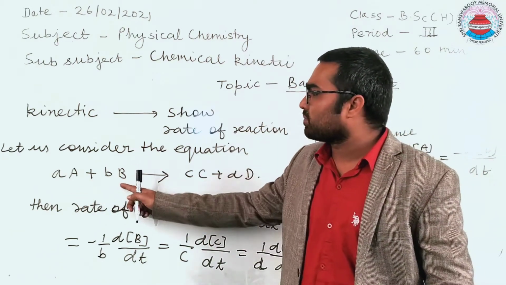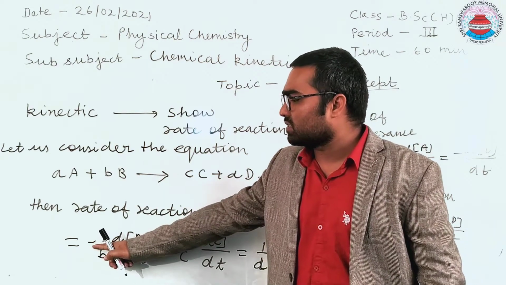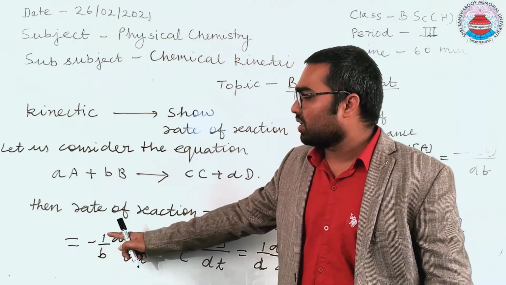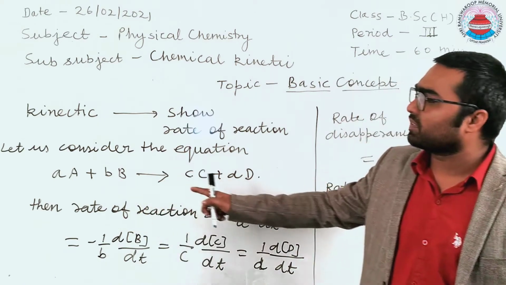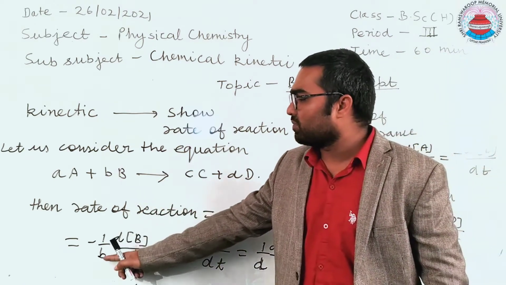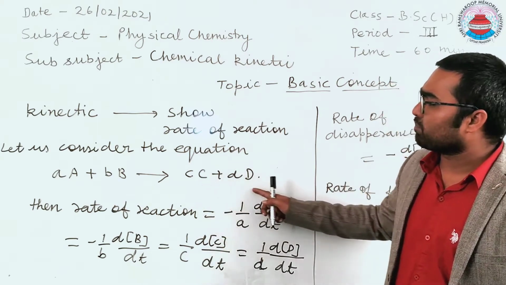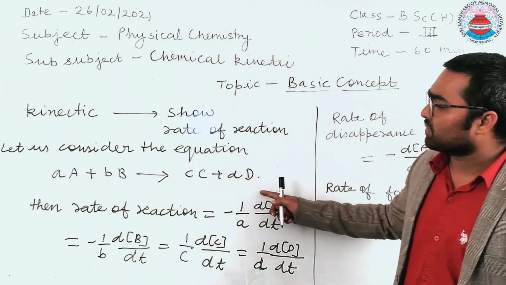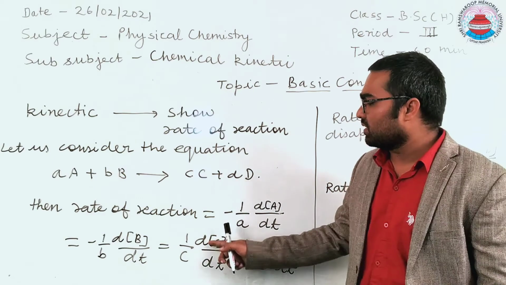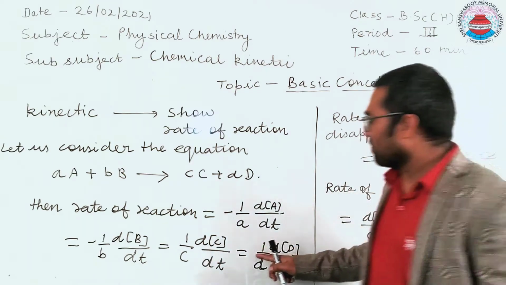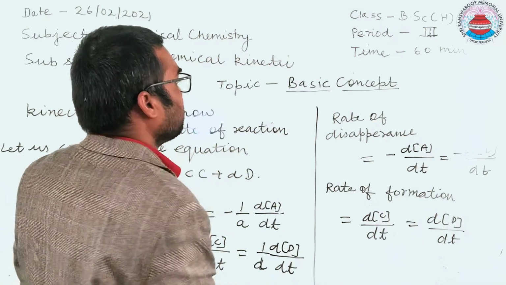Also in case of B, the minus sign comes because of decomposition of reactant to product, then minus 1 by b dB upon dt. In case of product, the formation of compound, then 1 by c dC upon dt, 1 by d dD upon dt.